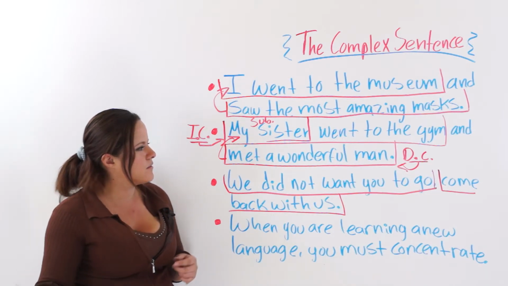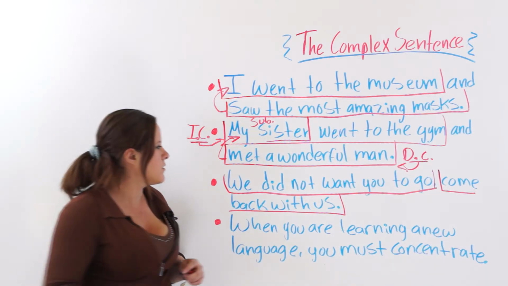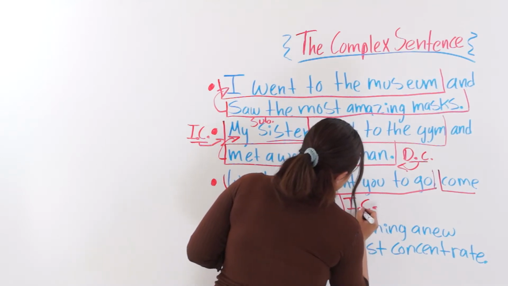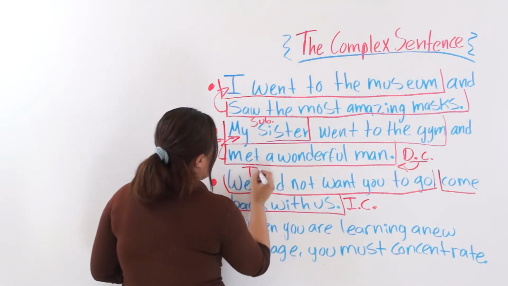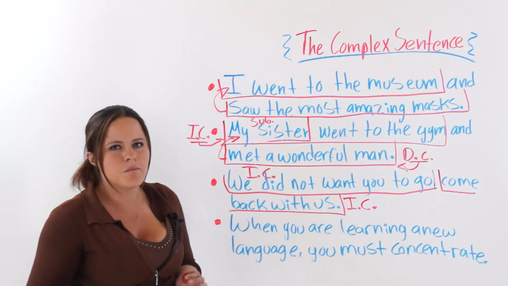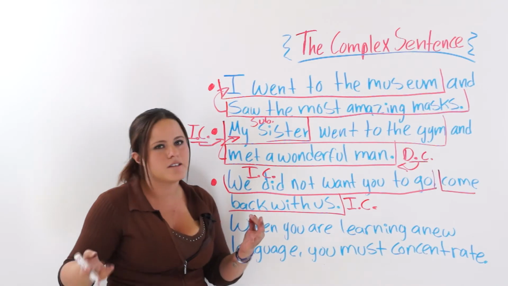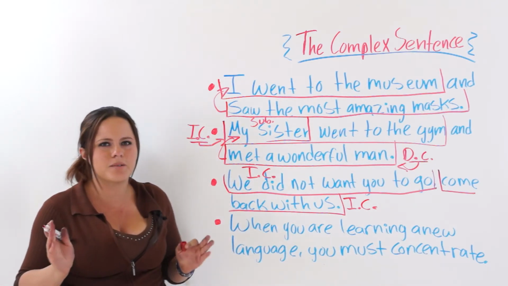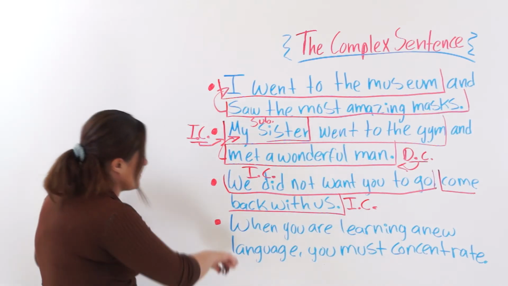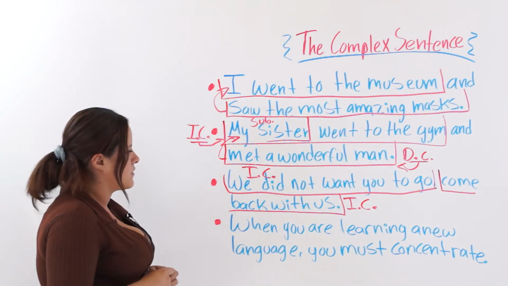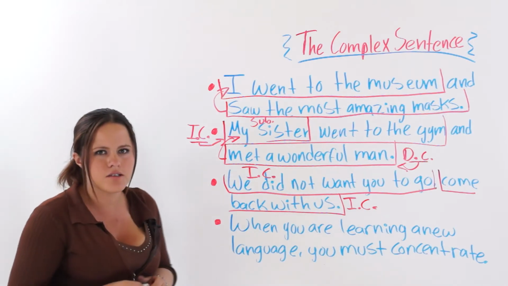All right? So these are two independent clauses. So this is not a complex sentence, because a complex sentence has one independent clause and one or more dependent clauses. Remember that.